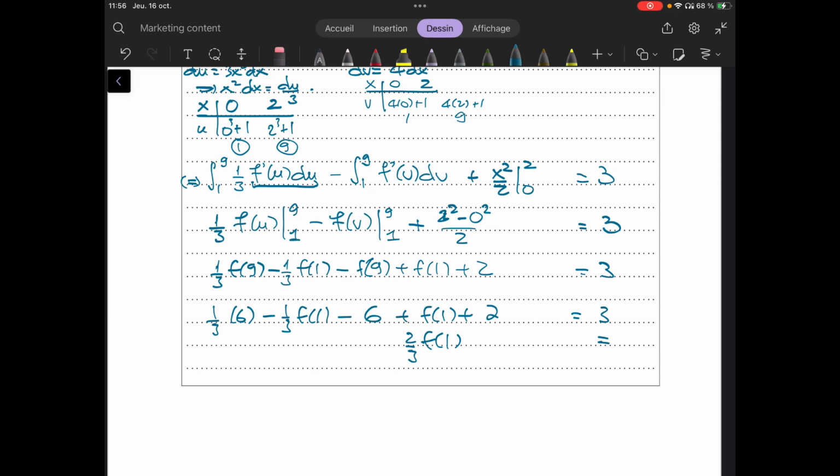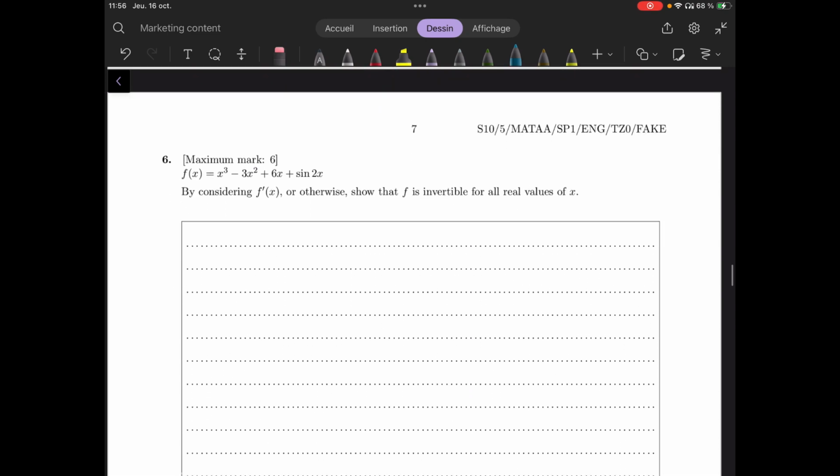From there, we can solve for f of 1. This is the end of question 5.